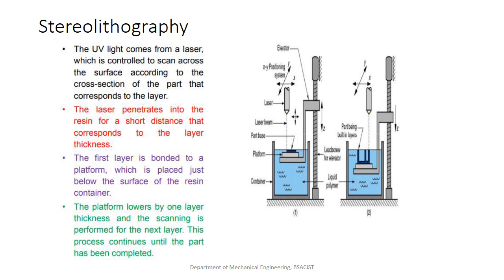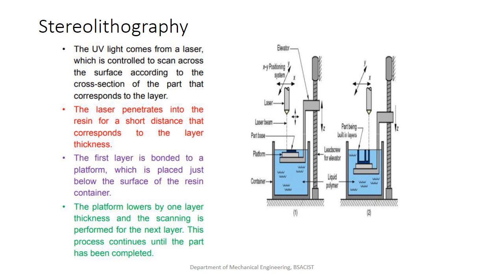We know that additive manufacturing is also called a layer-based system: we slice the part into different layers and manufacture it layer by layer. Here, the details of a particular layer are sent to the laser light, which scans the liquid accordingly. The laser penetrates into the resin for a short distance that corresponds to the layer thickness.